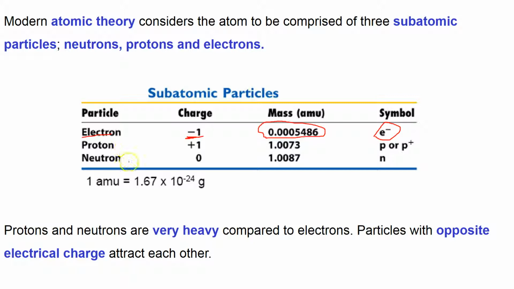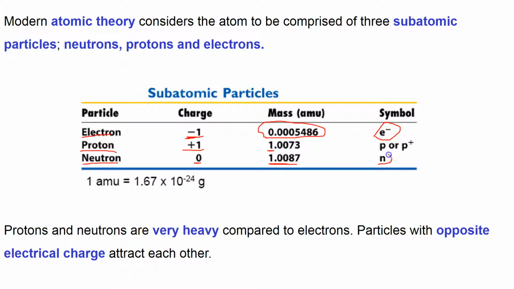Protons and neutrons are very heavy compared to electrons. Protons have a charge of +1 and a mass of about 1 atomic mass unit, where an atomic mass unit is 1.67 × 10^-24 grams. Neutrons have no electrical charge, and they're a tiny little bit heavier than protons.